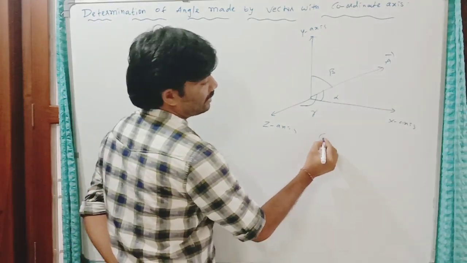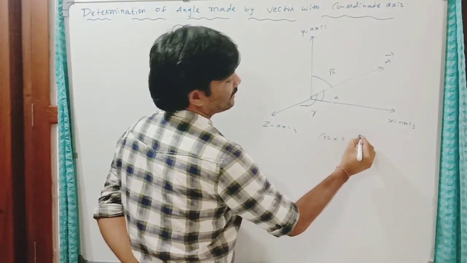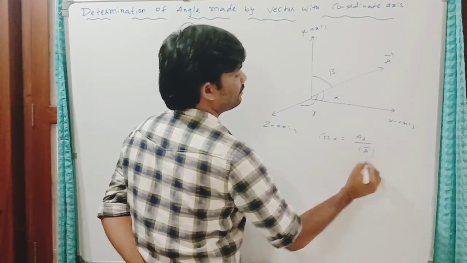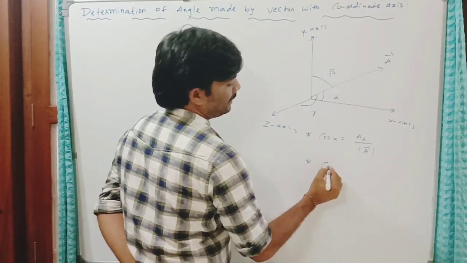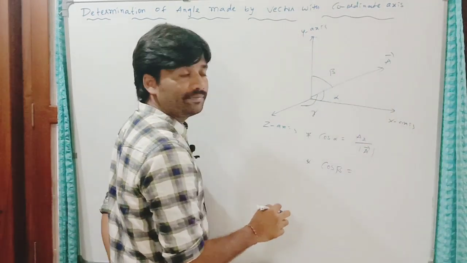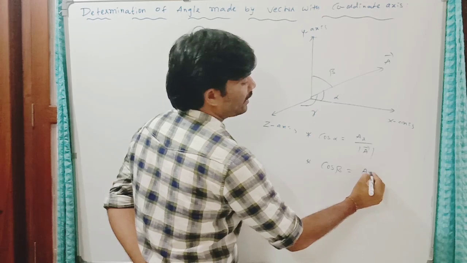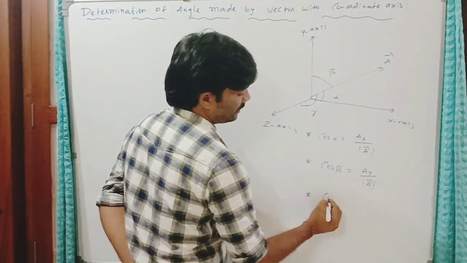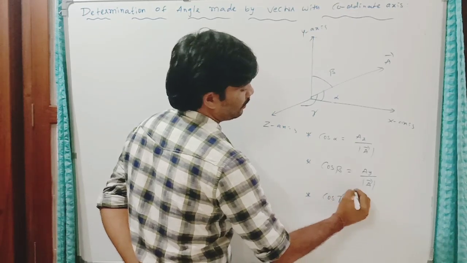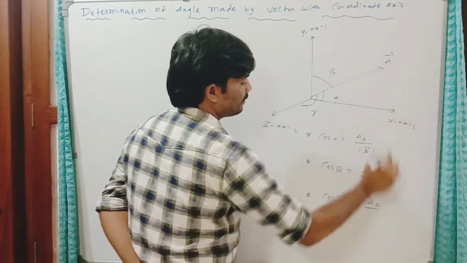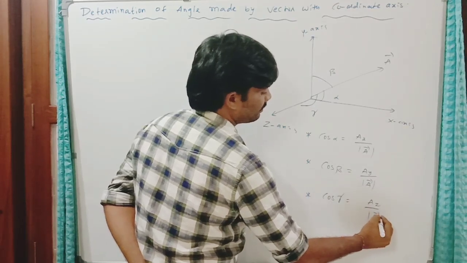So we have written the formula for cos alpha is its x component by mod of A, cos beta, cos of angle made by that vector with y-axis is y component of that vector by its magnitude, and cos of angle made by that vector with z-axis, cos gamma, is z component of this vector divided by its magnitude.